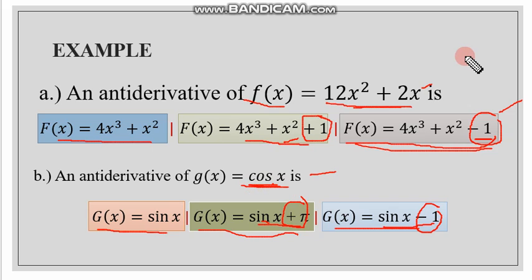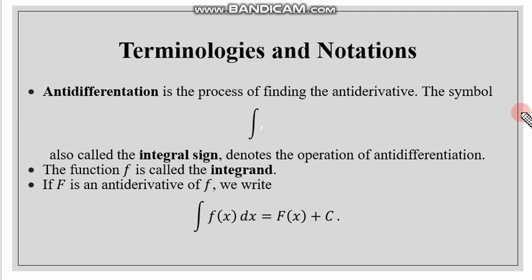So having said that, we will get the definition of the antiderivative. But first, we will take the terminologies and the notation of the antiderivative. Antidifferentiation is the process of finding the antiderivative. The symbol is this one.